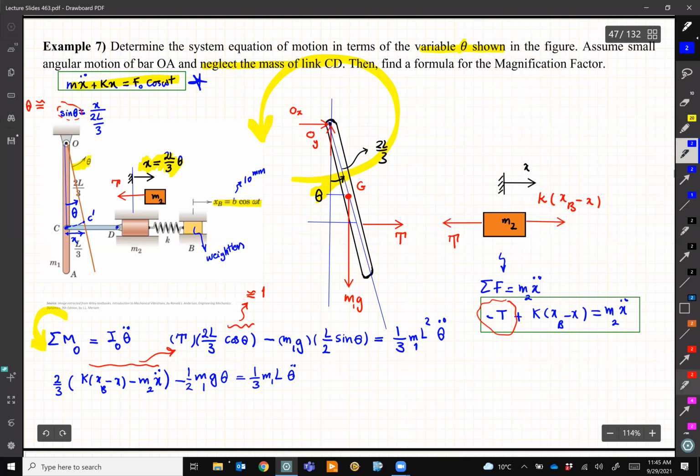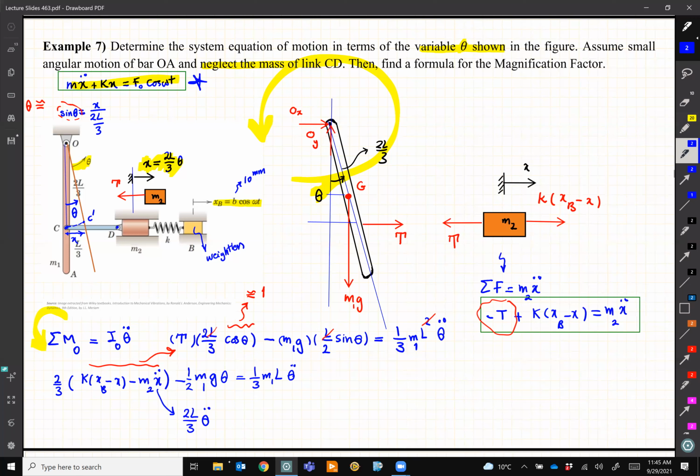Remember, we divide everything by L. I hope my math is correct. If that's the case, so this x double dot, let's also substitute it by 2L over 3 theta double dot.